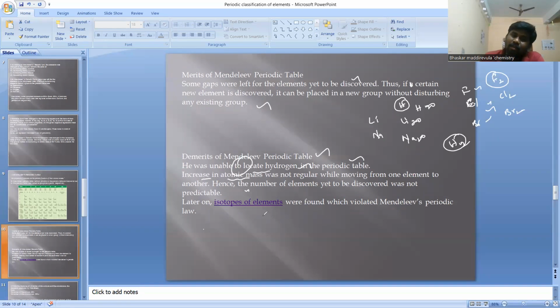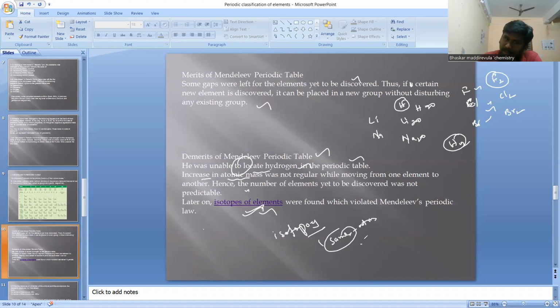At the same time, there is no place for isotopes in the Mendeleev periodic table, which is based upon increasing atomic mass. So what do you call isotopes of an element? They are atoms of the same element which have the same atomic number and the same chemical properties.